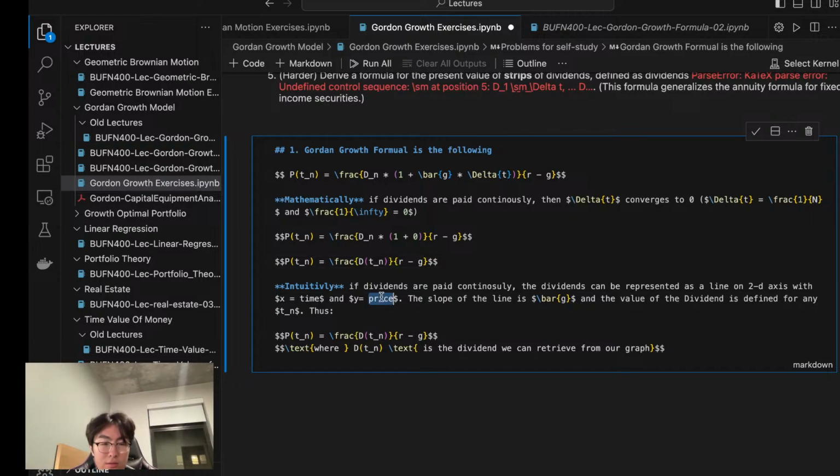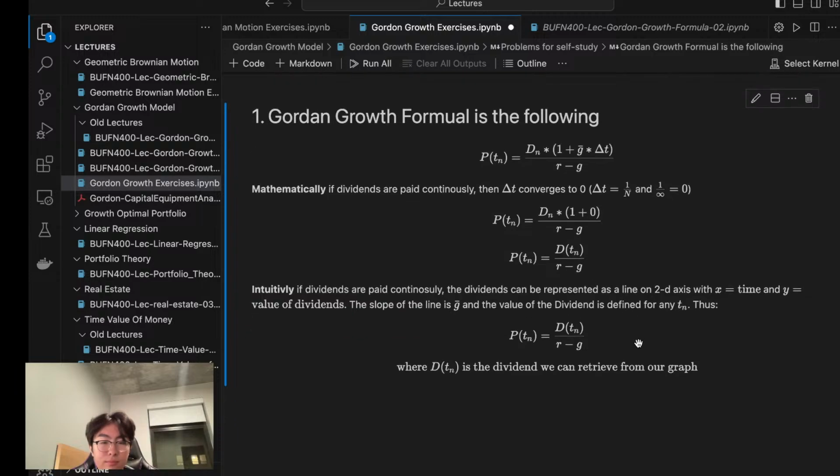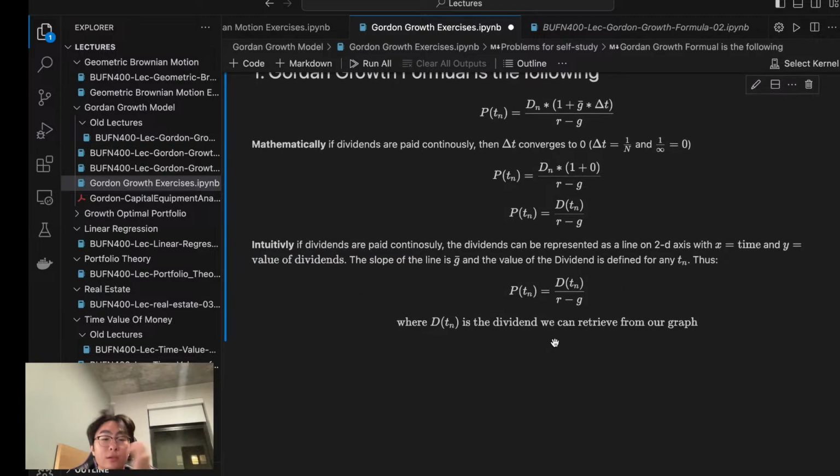Okay, so value of dividends takes time. The slope of the line is g bar. Okay. Writing Tn divided by r minus g.